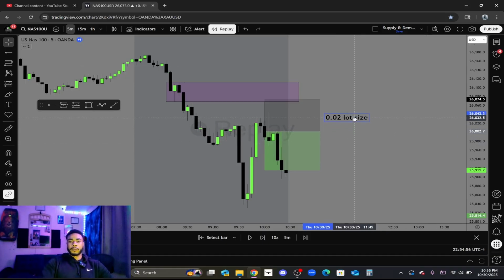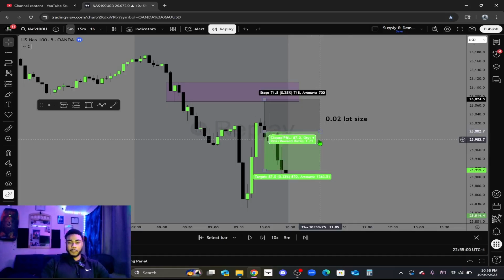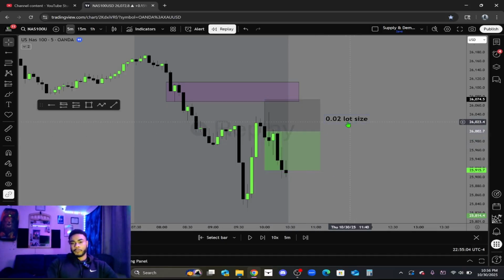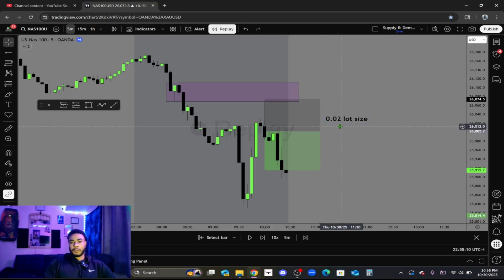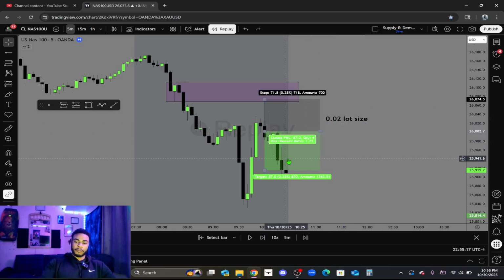So on Nasdaq, this is going to be the lot size for that amount of risk. For $200, if the pip size on Nasdaq is 718, you'll be putting a 0.02 lot size on your MetaTrader 4 to be risking $200.